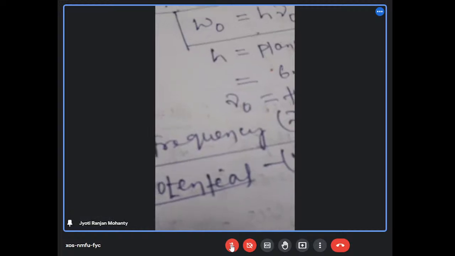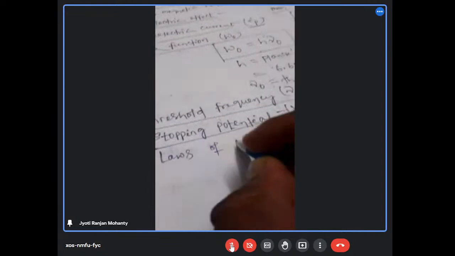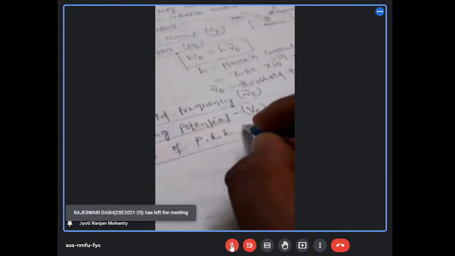Next, laws of photoelectric effect. Number one: photoelectric effect is a very quick process.